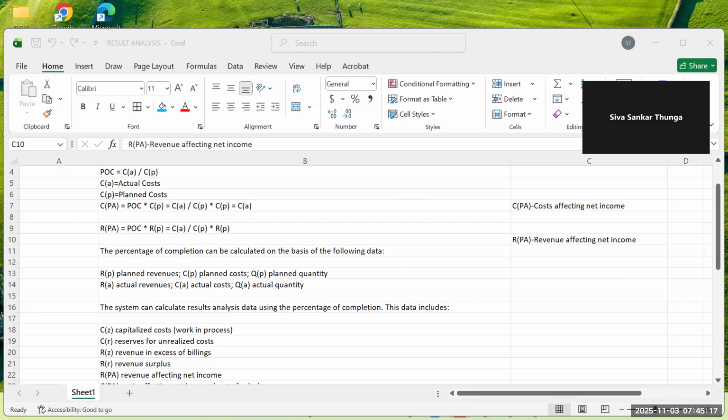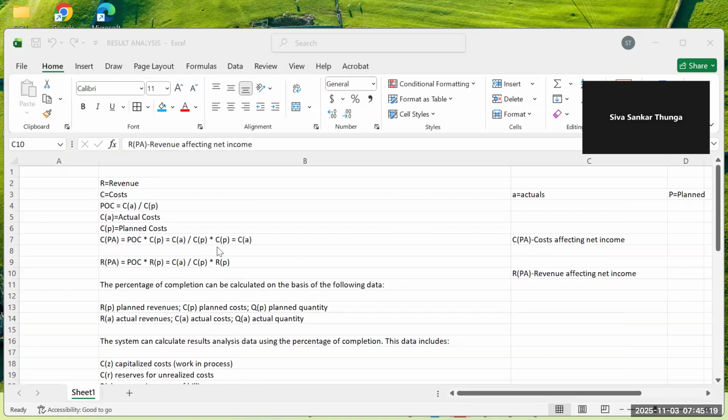So these are the formulas that you need to remember.